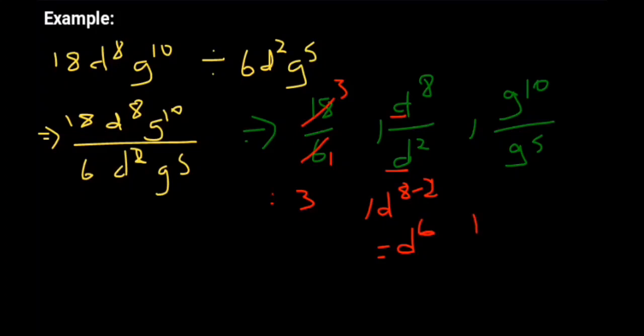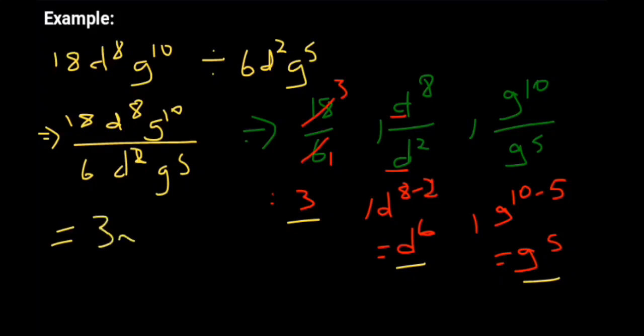Then lastly, we have g to the power of 10 divided by g to the power of 5, which is g to the power of 10 minus 5. Our answer is g to the power of 5. What we now need to do is combine our answers. So our answer is equal to 3d to the power of 6, g to the power of 5. And that's it. That's how you solve a question.